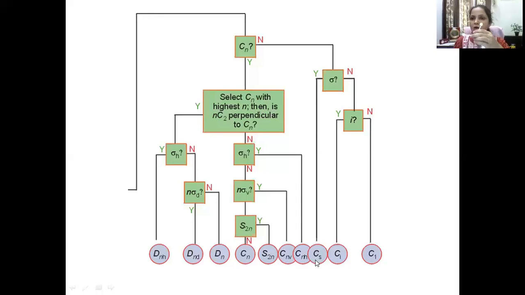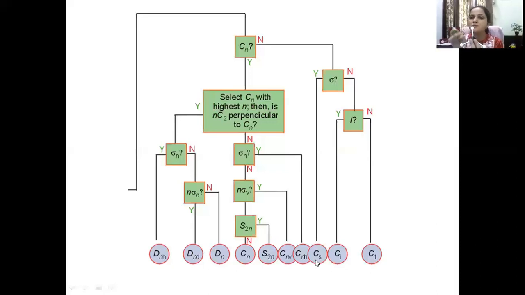Let us take an example of a planar molecule where suppose this is one atom and the 3 atoms attached to it are all different. Suppose this is phosphorus, chloro, bromo, and iodo.